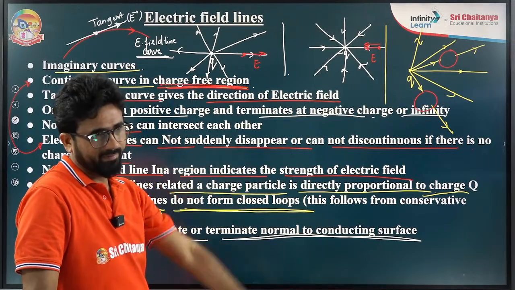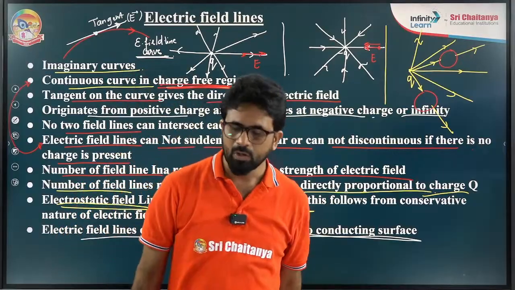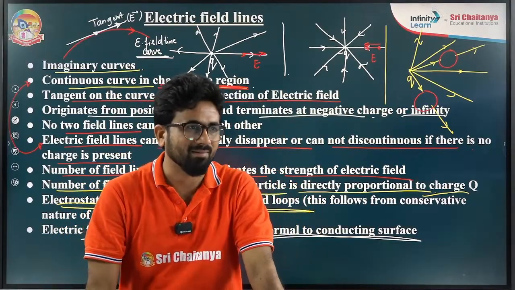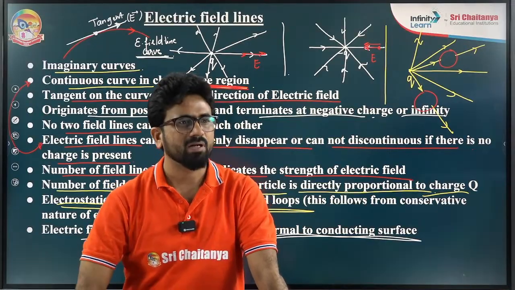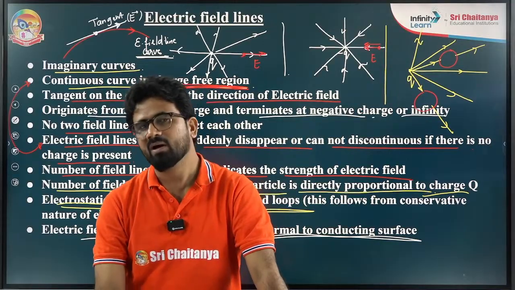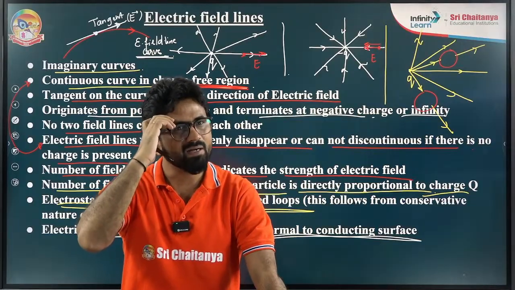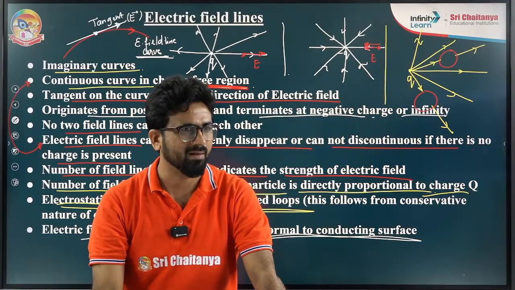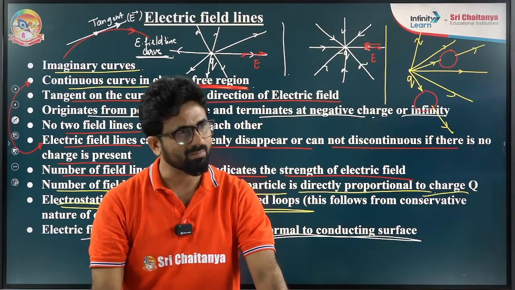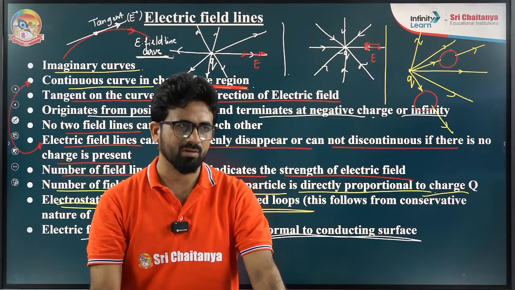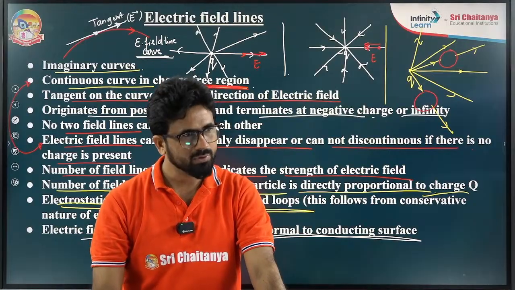We will learn what a conductor means, how conductors are different from others, and what the concept behind it is. Tomorrow means Monday, today is Saturday, yes. On Monday we will take the class on conductors, and then we will go further to electric dipoles.